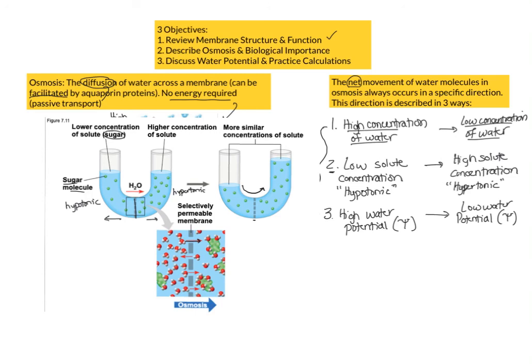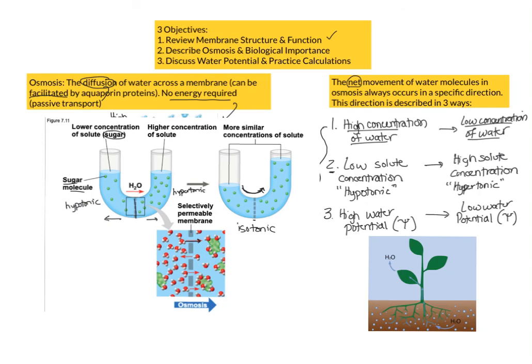Now, that net movement is going to continue until a form of equilibrium is reached, where there is, in effect, equal concentration of solute on both sides, right? Because if you think about it, you're adding water to the other side, and so you're making that concentration more dilute on the right side. We call that equal concentration, equilibrium, isotonic, right? So osmosis occurs from hypotonic to hypertonic until an isotonic situation is reached.